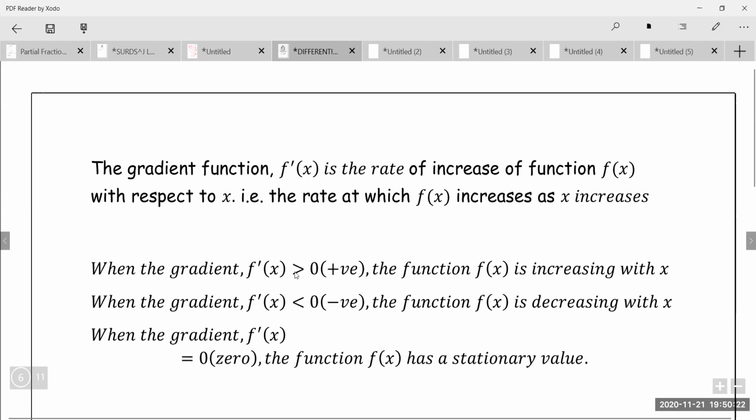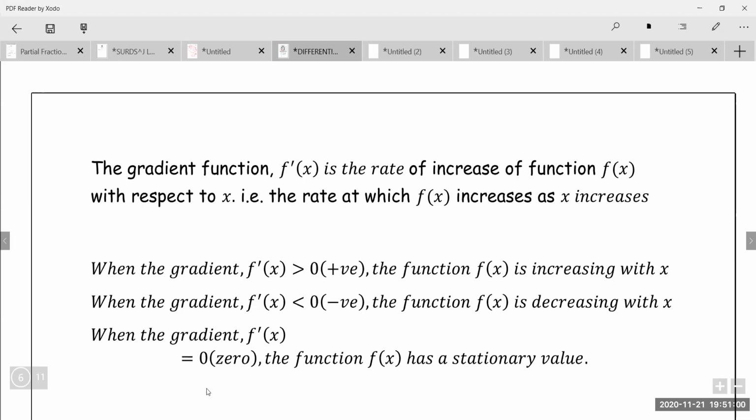Now, whenever the gradient is positive, when dy by dx is positive, we say that the function is increasing, because it has a positive slope. f prime of x is another way of writing dy by dx, all right? So get used to seeing this too. f prime of x is the same as dy by dx. Now when f prime of x is less than 0, we say that the function is decreasing.